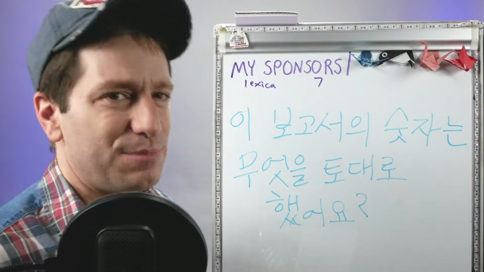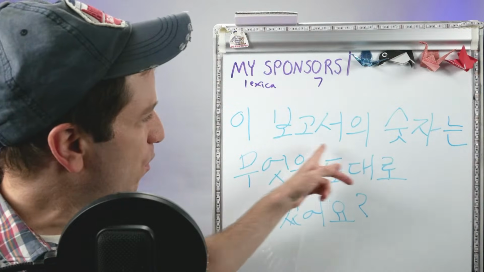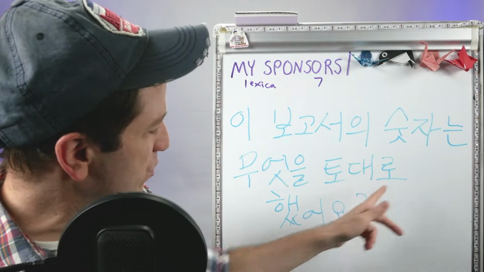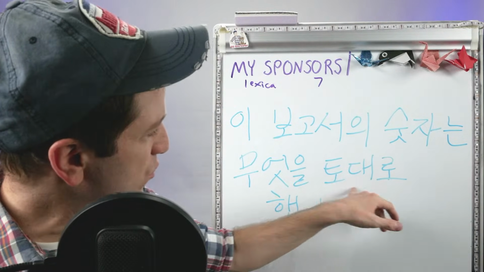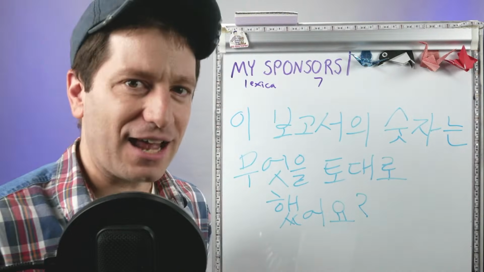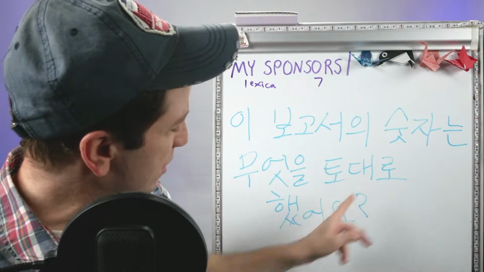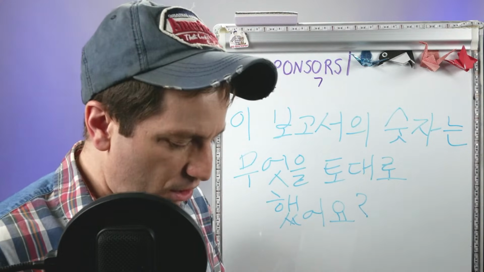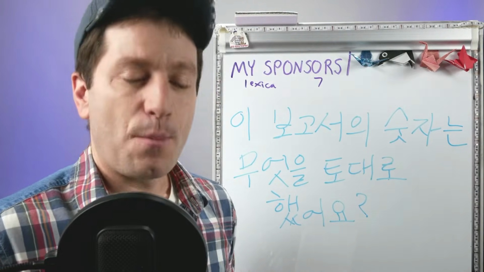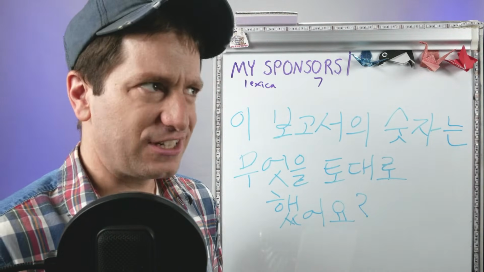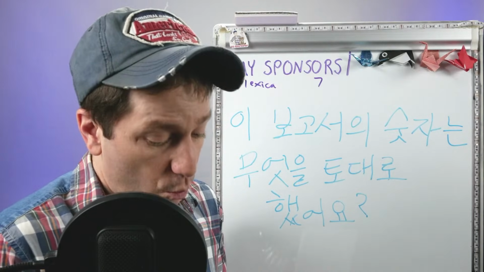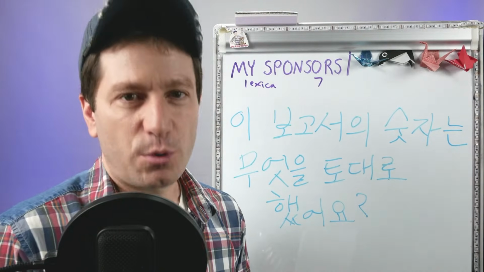So what are these numbers actually based on in your report? 이 보고서의 숫자는 무엇을 토대로 했어요? 무엇을 토대로 했어요? Like that. So what are these numbers in your report based on? Or actually not your report, it could be anyone's report. What did you base the numbers of this report on?